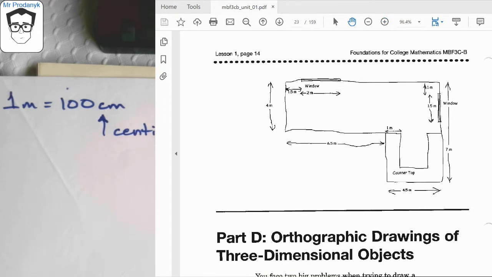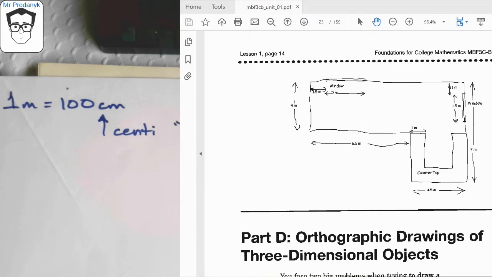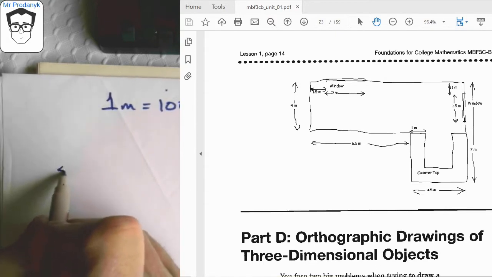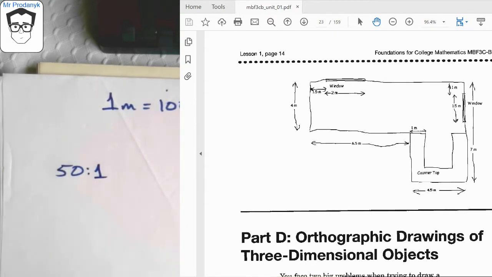You may want to use a piece of graph paper for this. That might help you out. You don't have to. If you're careful on a regular piece of paper or just regular line paper, you can certainly do that. And a 50 to 1 ratio here.